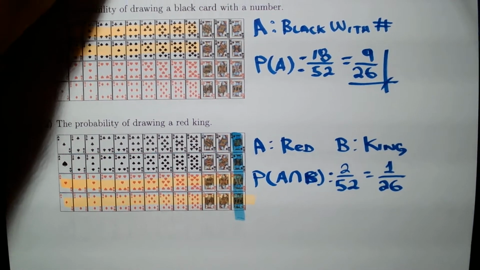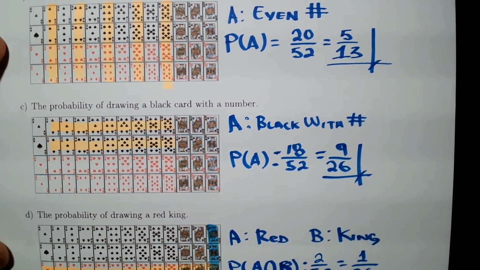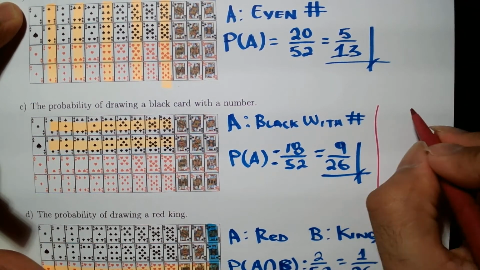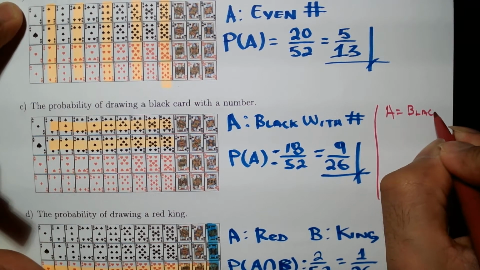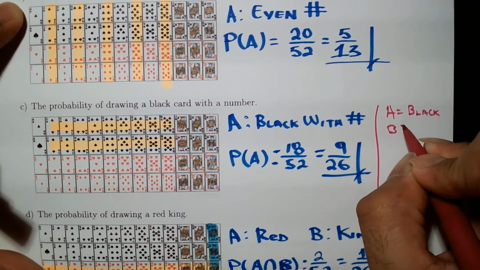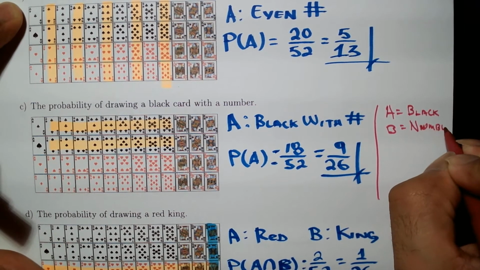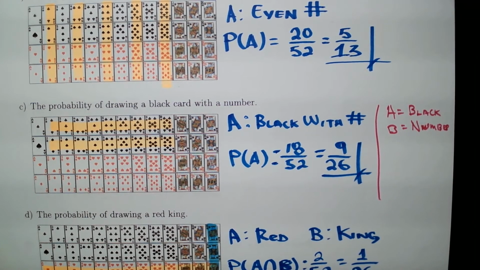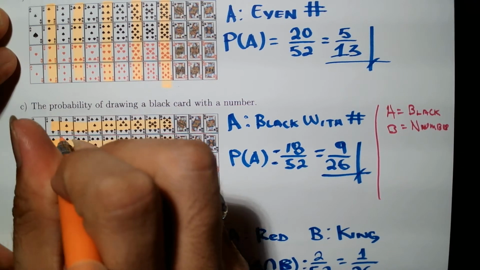Okay, so in this case, let's say we define, I'm going to do it on the side. I'm going to use a different color. So let A be black card and B be a numbered card. So I'm going to highlight all the black cards this time. In this case, all of this.